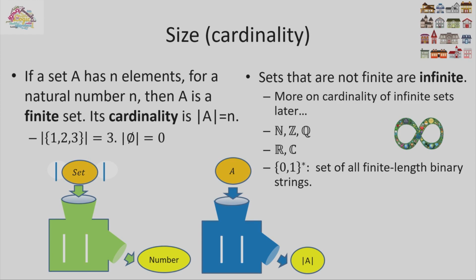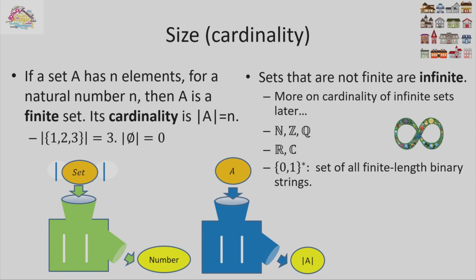So if you want to think about it in a type-checking way, think about it this way. If you want to evaluate what the cardinality of a set is, what do you need to get as an input? Well, you need to get as an input a set, and something that says that what you want to do with it is to figure out its cardinality. And what is your output? It's a number.